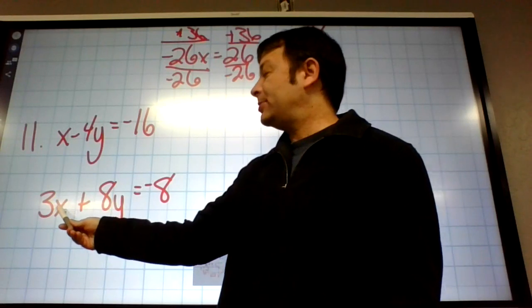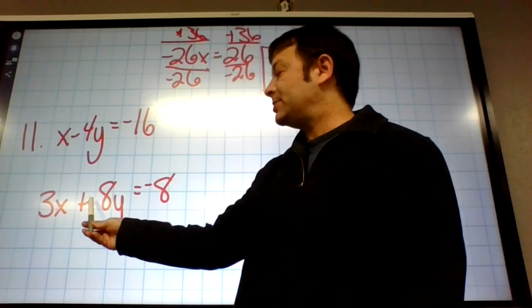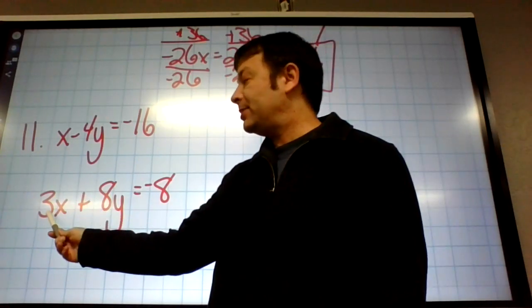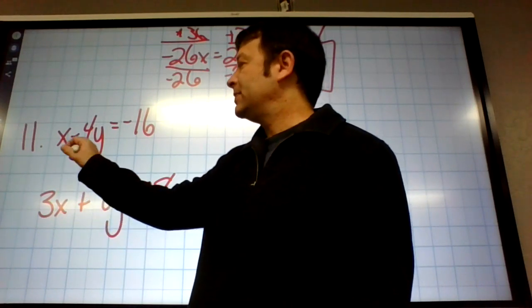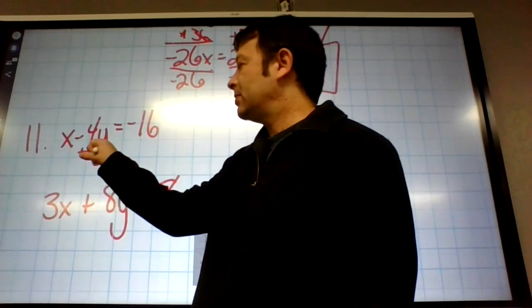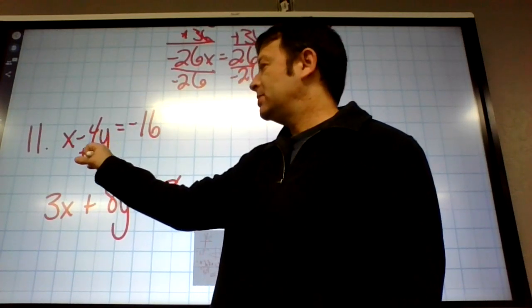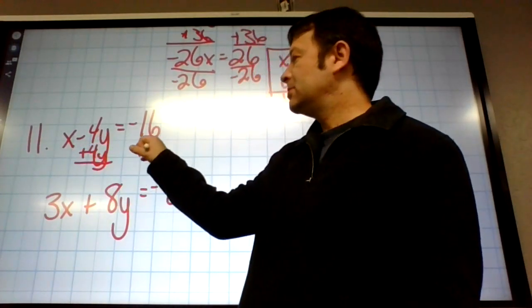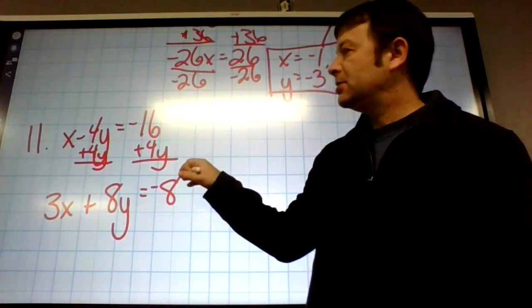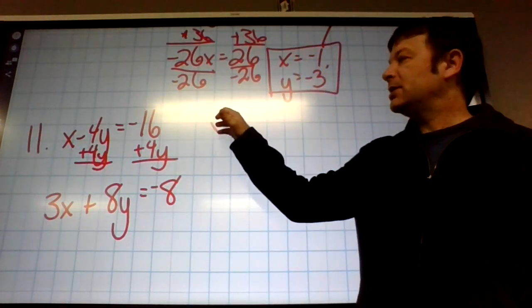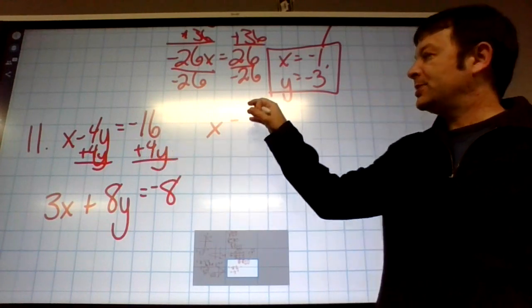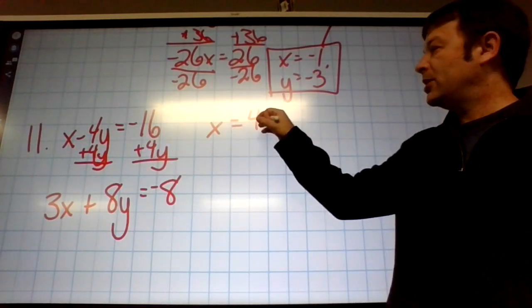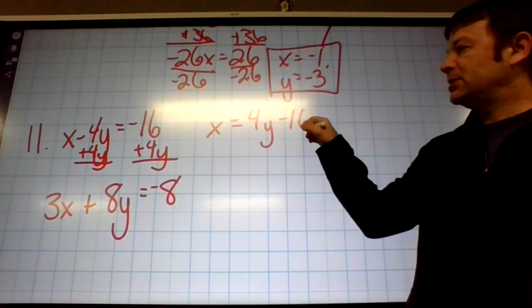So for example, if we were trying to get this x by itself, we'd have to subtract 8y and divide by 3. We don't want to do that. How would I get this x by itself? Just add 4y. So x equals negative 16 plus 4y, or 4y minus 16.